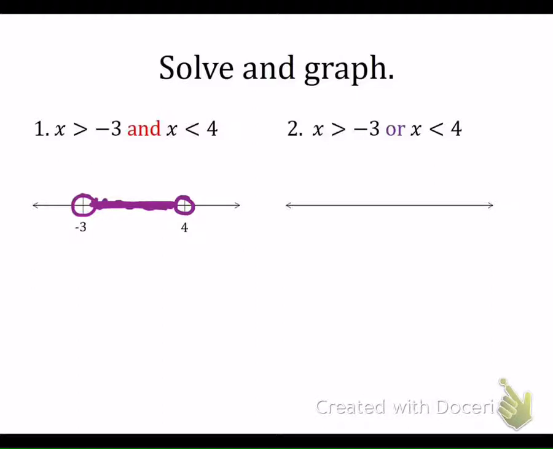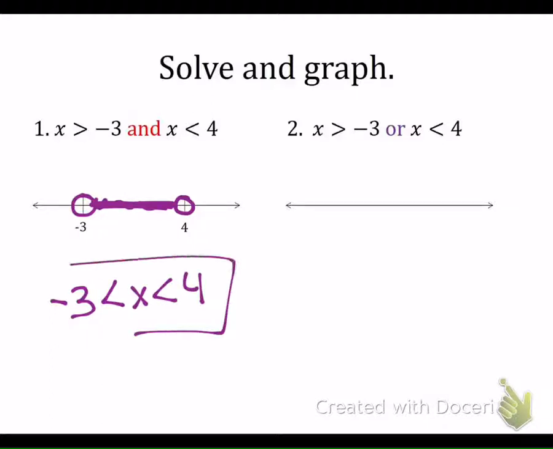So the way this would look if we wrote it as one big inequality, because the ands you can write as a big inequality: -3 is smaller than my x's, which is smaller than my 4's. That's how you would write this as a compound inequality. So it just goes in order on these.